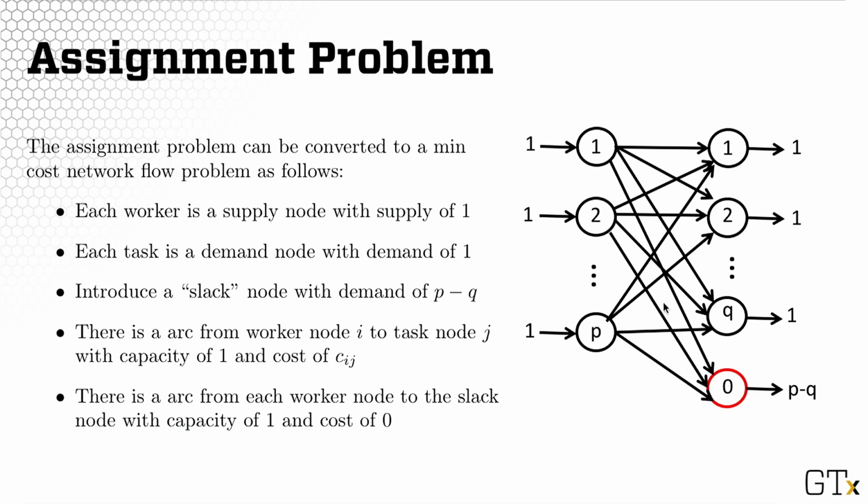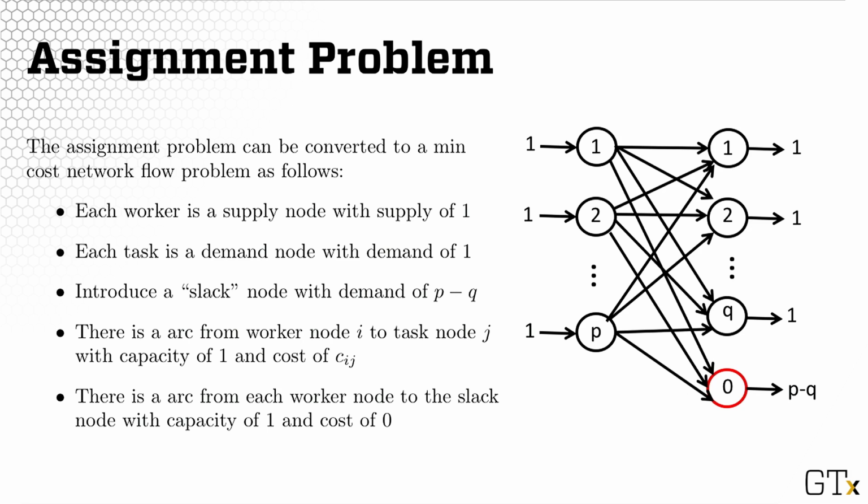All of those will be moved to the slack node. There is an arc from worker i to task j with a capacity of 1 and a cost of Cij. There is also an arc from each worker node to the slack node with a capacity of 1 and a cost of 0. This is now an example of a minimum cost flow problem.